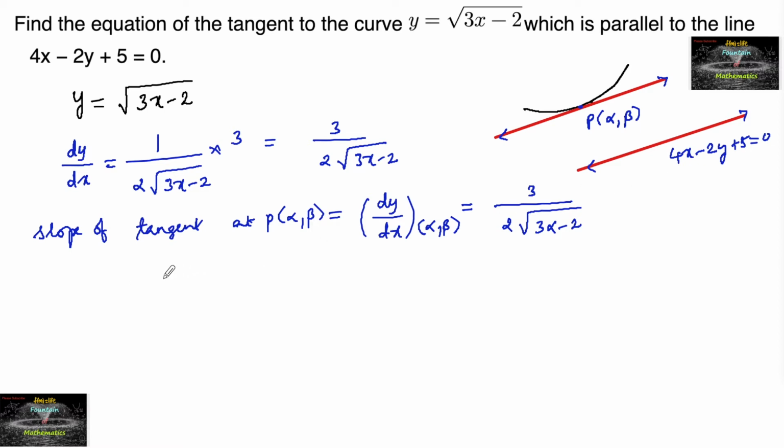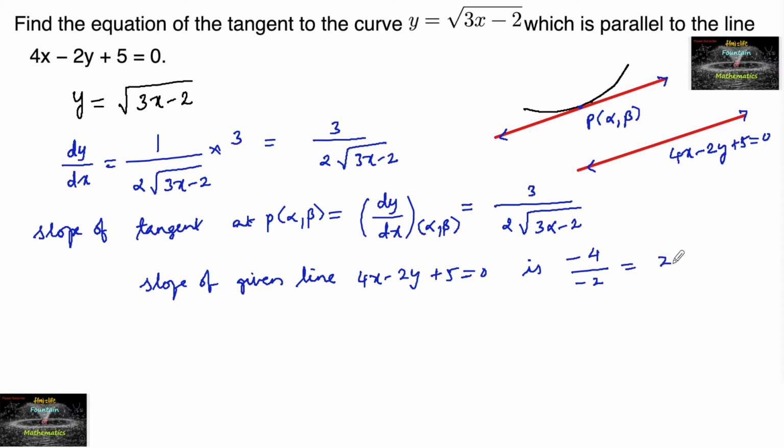And since we know the slope of the given line, 4x − 2y + 5 = 0, which is parallel to the tangent, is nothing but −a/b, that is −4/−2. So its slope is 2.